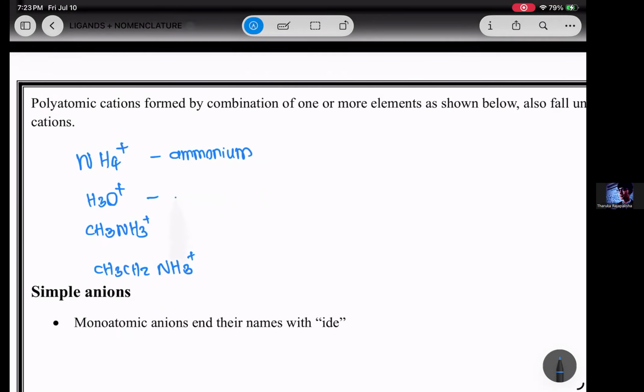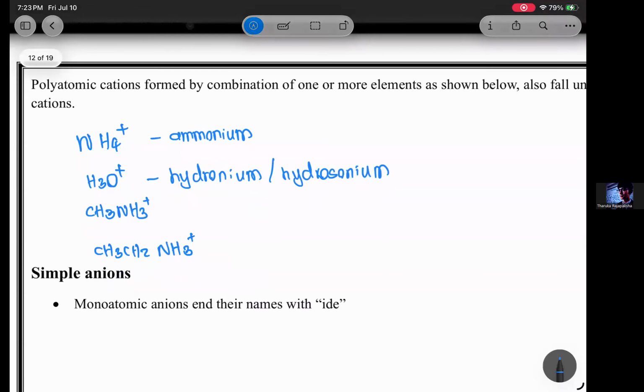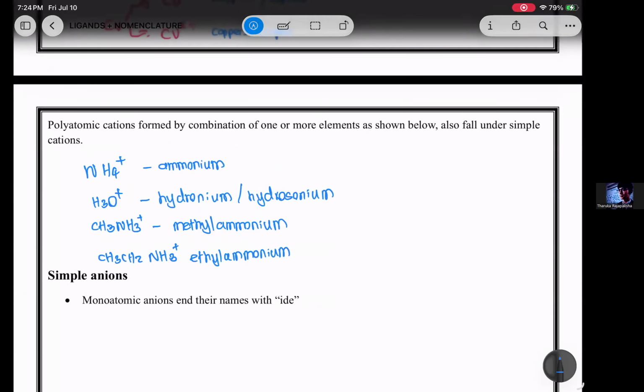This is hydronium. In some books, they say hydroxonium also. Methyl ammonium, and this is ethyl ammonium. You have to write them together.